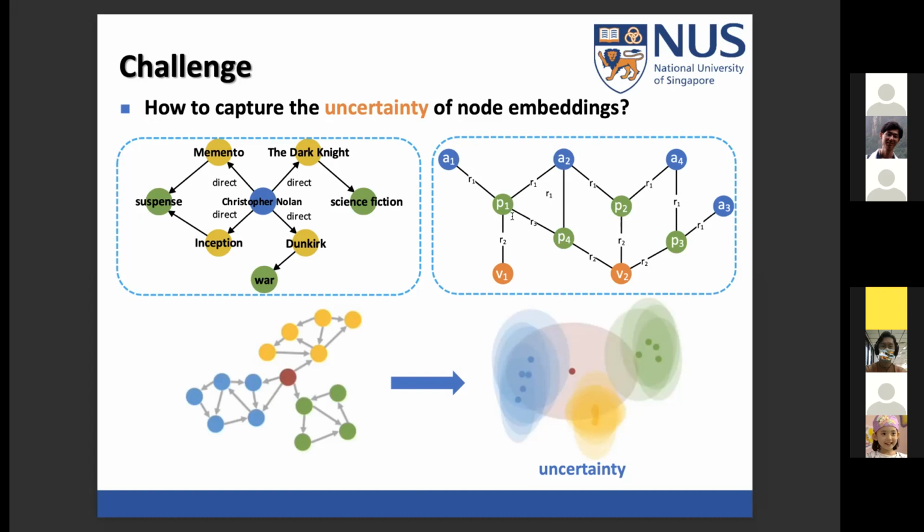And this phenomenon also exists in the semantic network because words have different semantics in different contexts, right? So I abstract such a phenomenon into the picture below. The red node in the center connects 3 different types of nodes. When the attributes of these nodes are different or even opposite, how should we embed the red node in the middle?